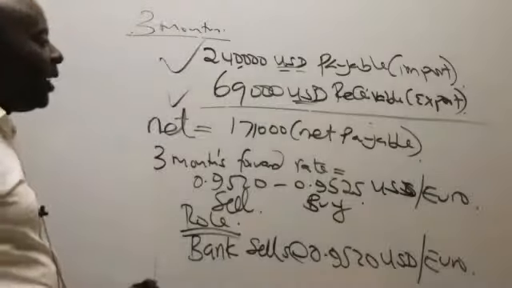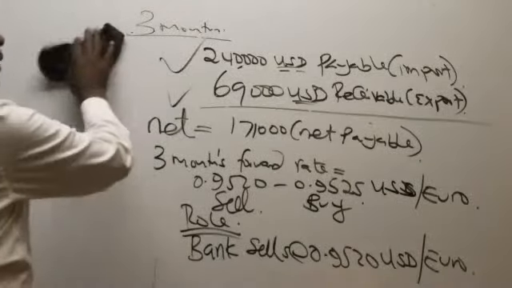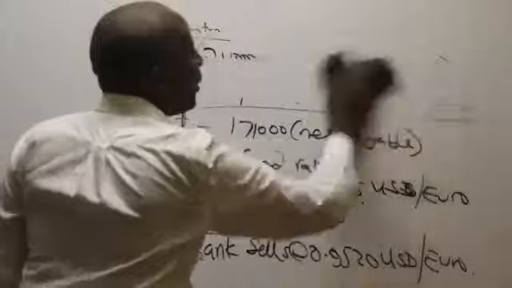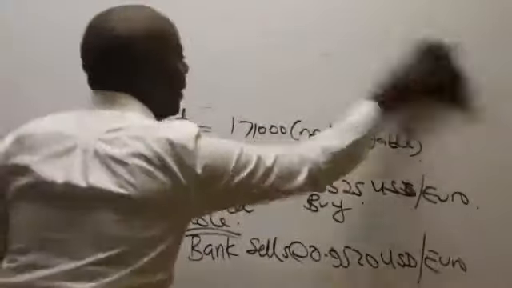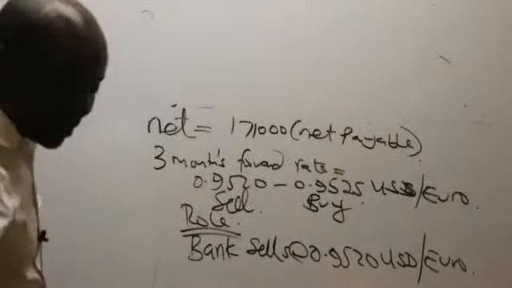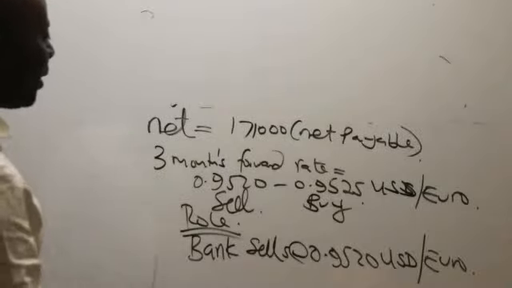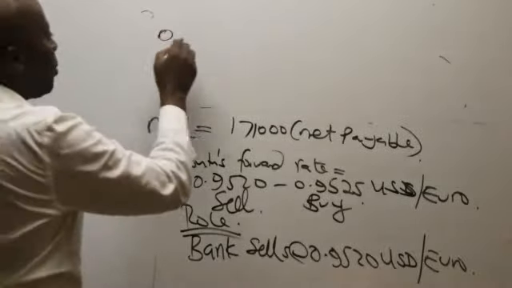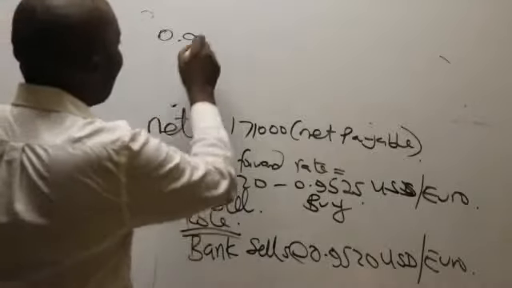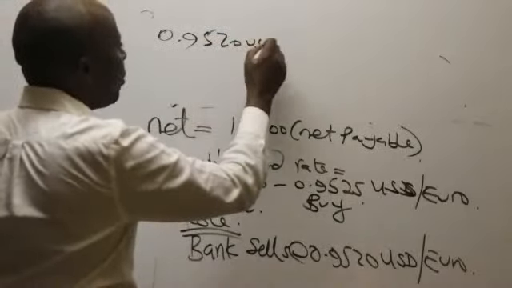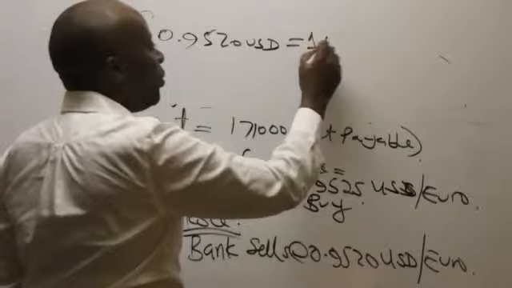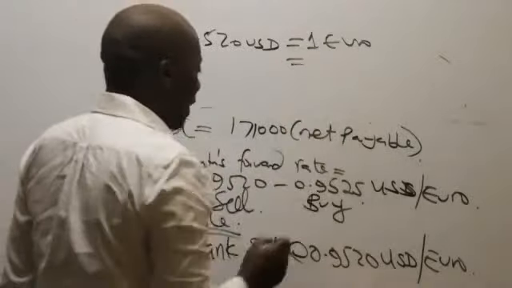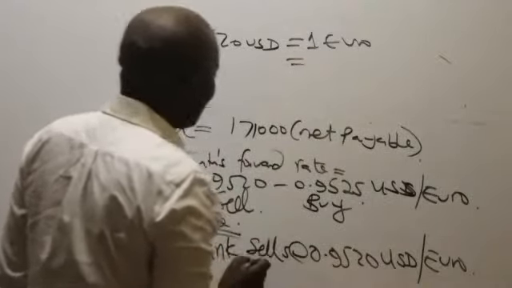Jenny ameniambia mwalimu, hii maneno iko hivi. Jenny amesema ati mwalimu, sasa ukuje hapo useme 0.9520 US dollar equals 1 euro. How about how many dollars?